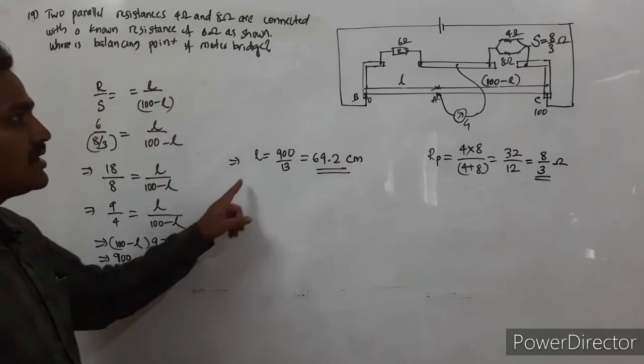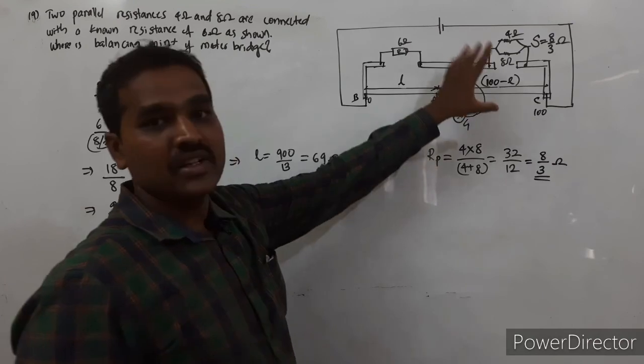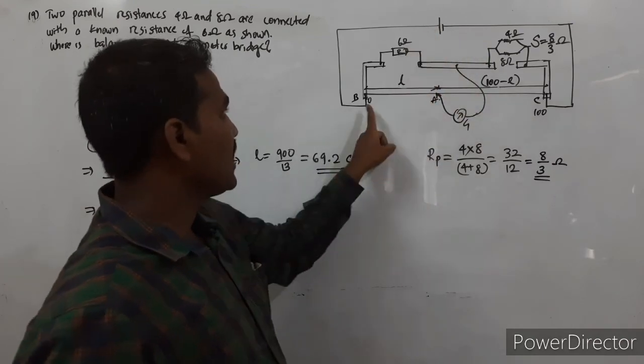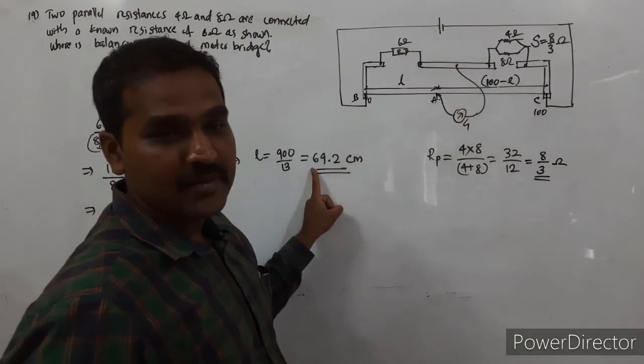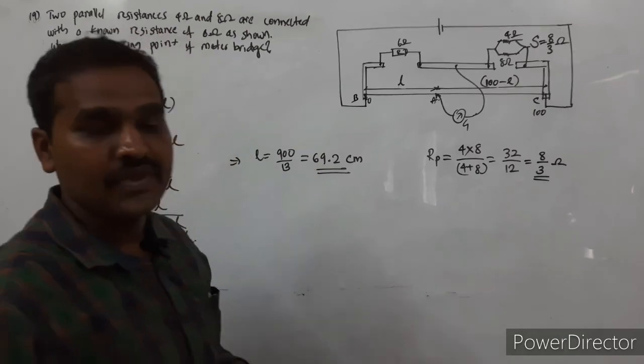Okay, this is the balancing length. So for the given values of the resistances, the balancing length is equal to 69.2 centimeters. Yes.